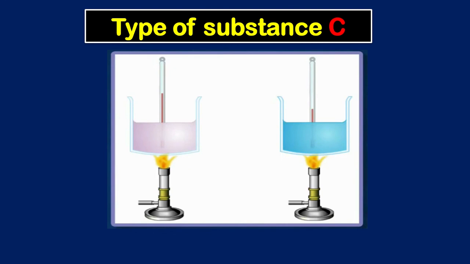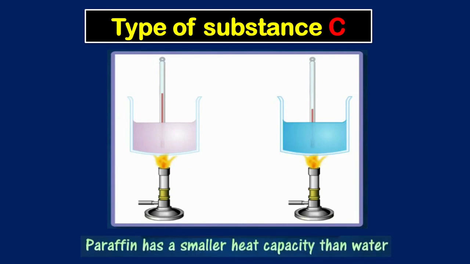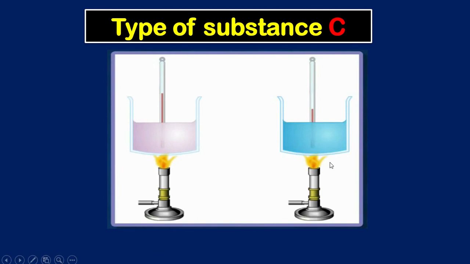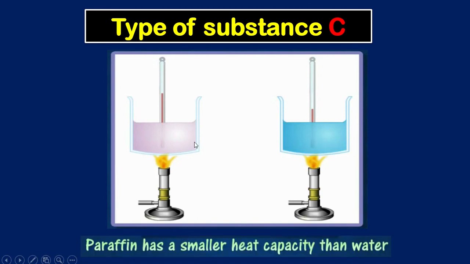The first property is the type of substance. If we have two containers, the first one has paraffin and the second one has water.